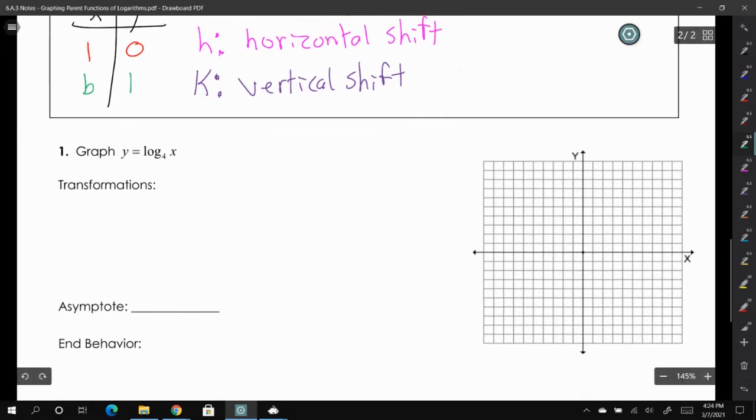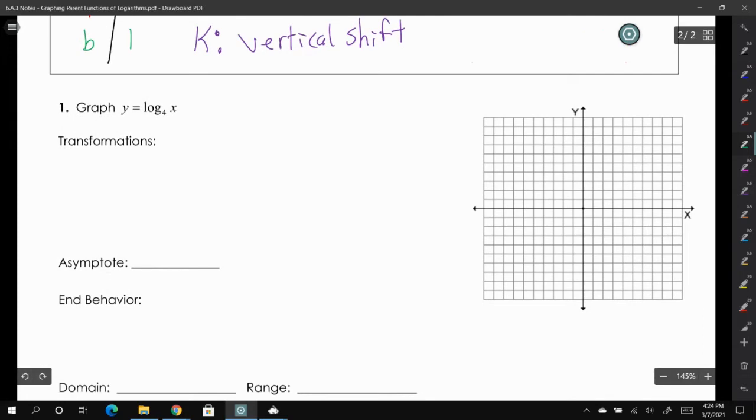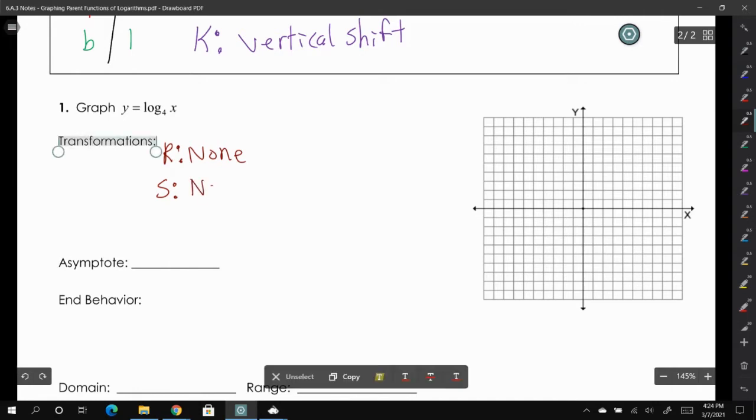So let's look at this graph right here, and we see that it's y equals log base 4 of x. We're asked for the transformations. Reflection, there is none because there's no negative sign in front. Shrink or stretch, there's also no shrink or stretch. And there's no translation.